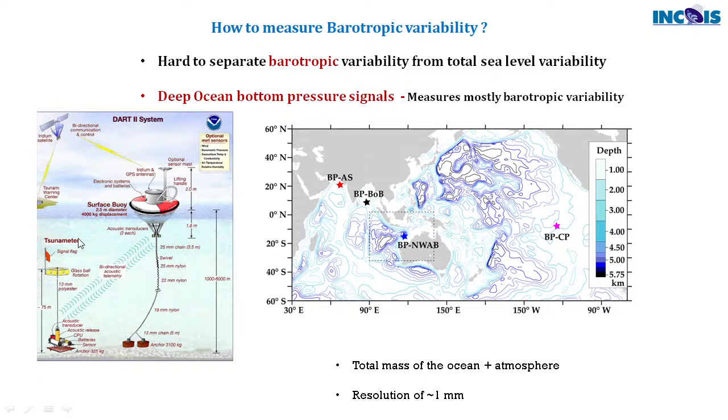It measures the pressure of the water plus the atmosphere, the total pressure imparted by the ocean and the atmosphere. There are two modes for this pressure recorder. One is the normal mode, and another one is the active or tsunami mode. In normal mode it transmits data every 15 minutes. I think it measures every 15 seconds, averages, collects and transmits.